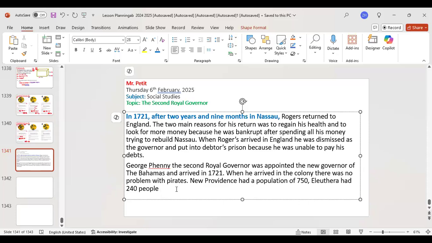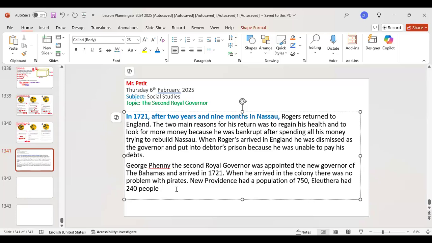I'm serious. So the Eleutheran Adventurers were there. They came to the Bahamas because they wanted freedom of religion. They came in like the 1600s, right? That didn't work out for them. They eventually settled in New Providence, some of them.